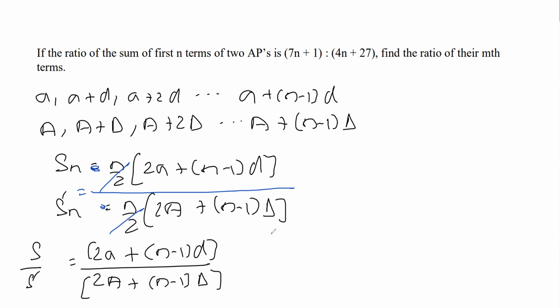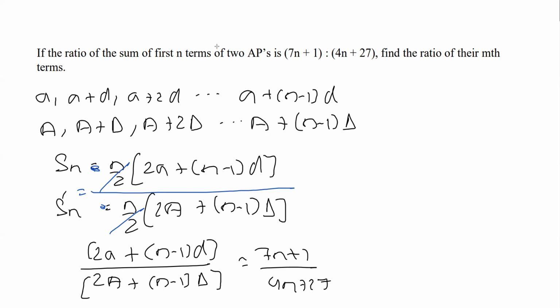This is the information given to us, which is equal to (7n plus 1) over (4n plus 27). This is what we know from the formula.